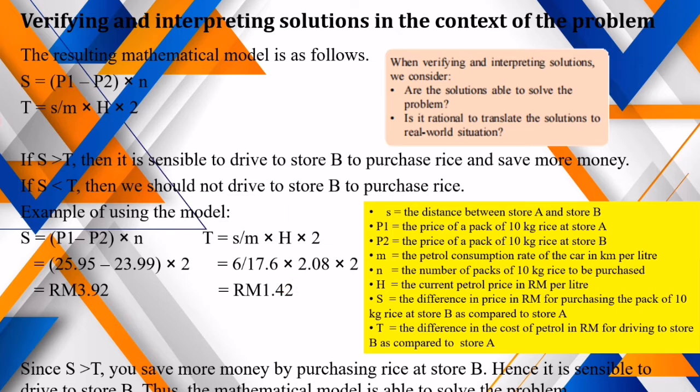If you forget the alphabets I said, you can see this diagram to refer back to what I said just now. Since S is more than T, you save more money by purchasing rice at store B, and it is sensible to drive to store B. Thus, the mathematical model is able to solve the problem.